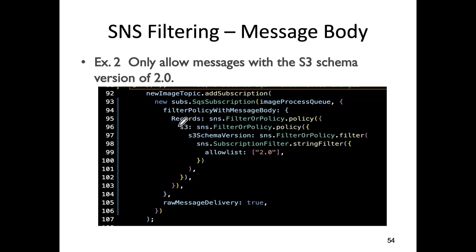The value I'm assigning to this key is sns.FilterOrPolicy.policy. And this is the one I want to home in on, the value it gets is of type sns.FilterOrPolicy.filter. And here's my filter.